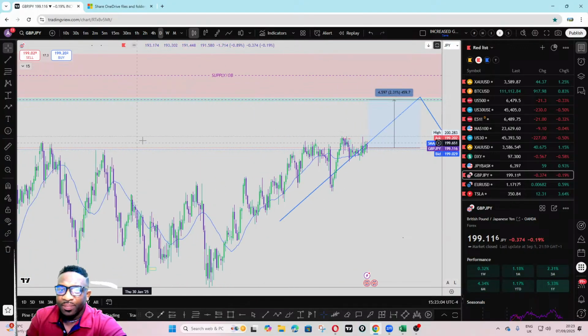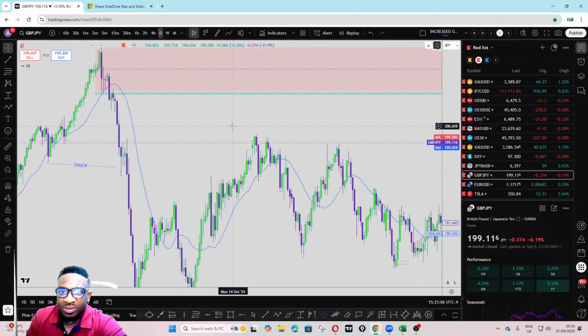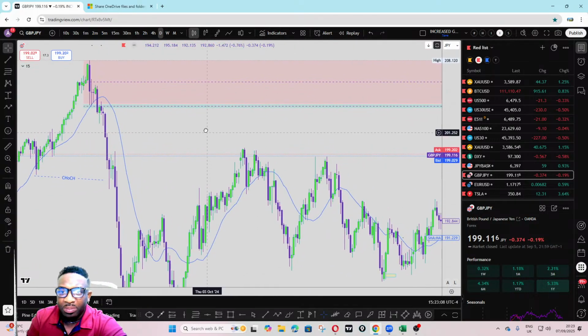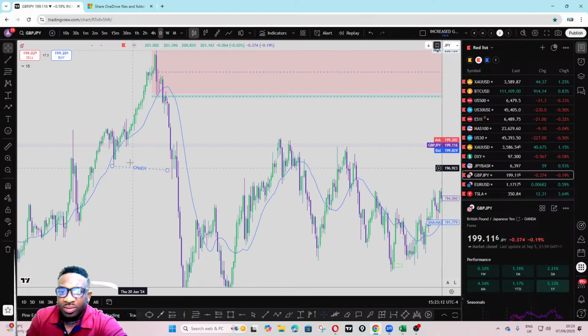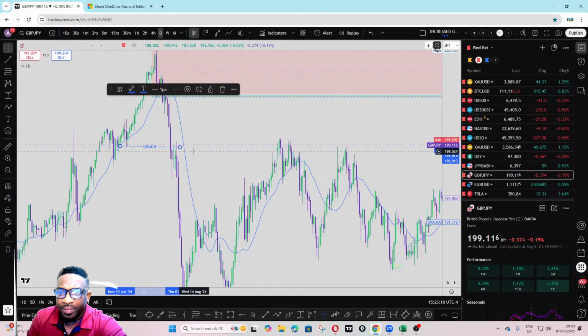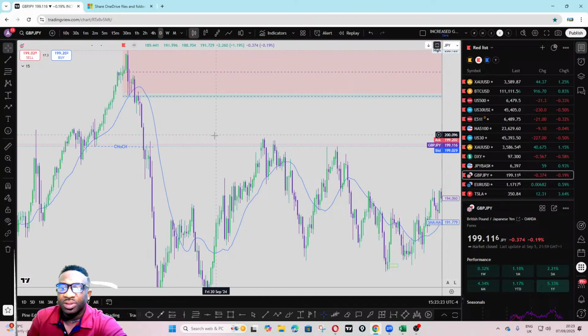This area, if we look at it on the 4-hour time frame, we can probably further refine it. The change of character, looking at it from here, actually occurred here. This is where the change of character happened.